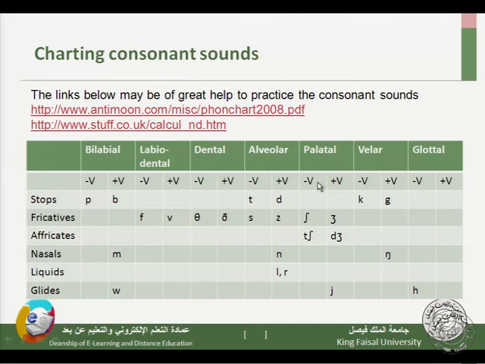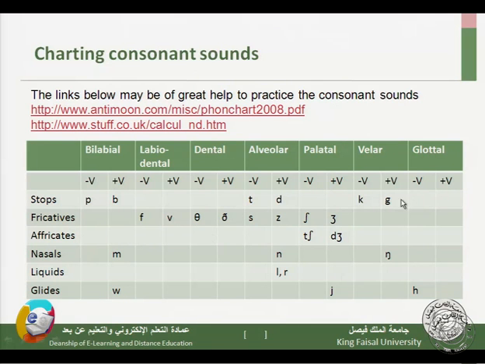The palatals are sh and ch, which are voiceless, and j, which is a voiced sound. The velars: we have k, which is voiceless, and g and ng, which are voiced. The last one is the only glottal sound, which is voiceless, and it is h.